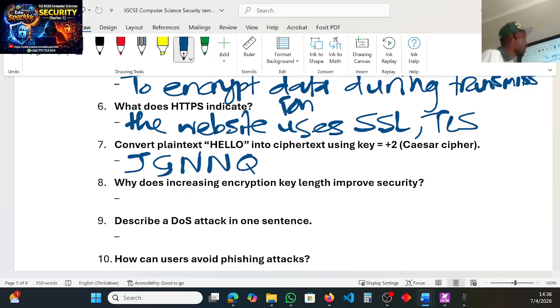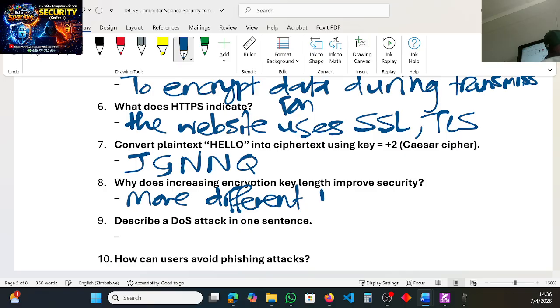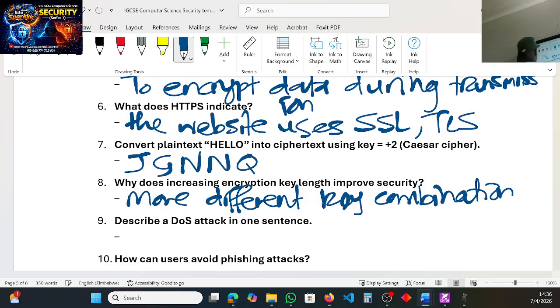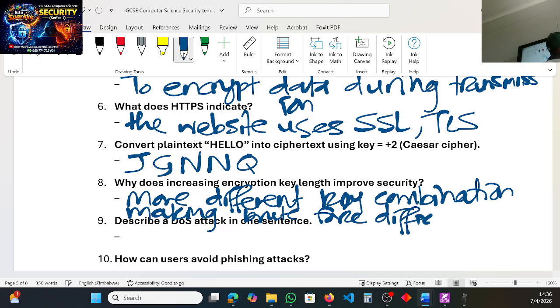So the next problem, they're saying, why does increasing encryption key length improve security? When we increase the key length, it means there are more different key combinations, making brute force difficult or impossible.